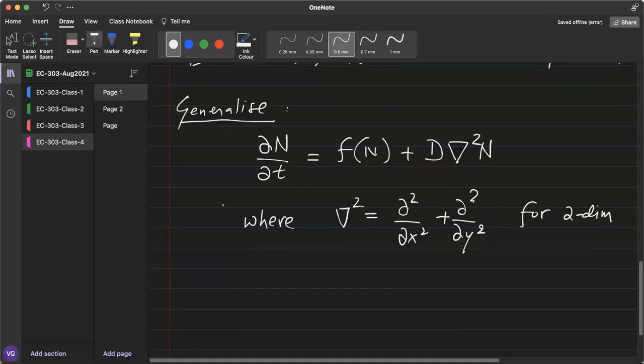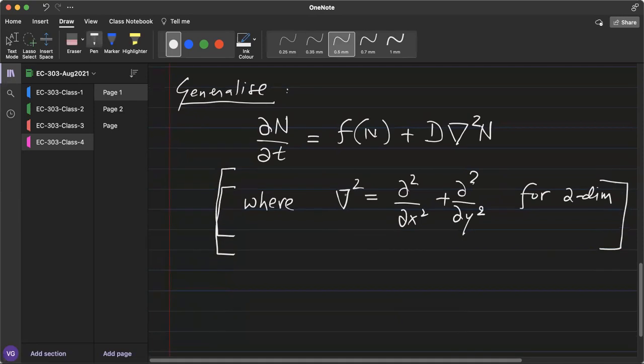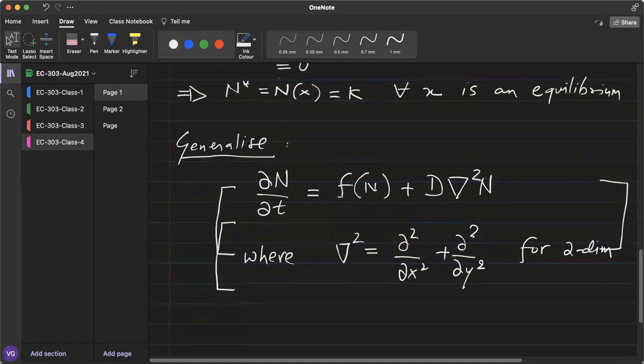This is just a shorthand notation for writing two partial derivatives in space. And of course, it's generally extendable to three dimensions as well.